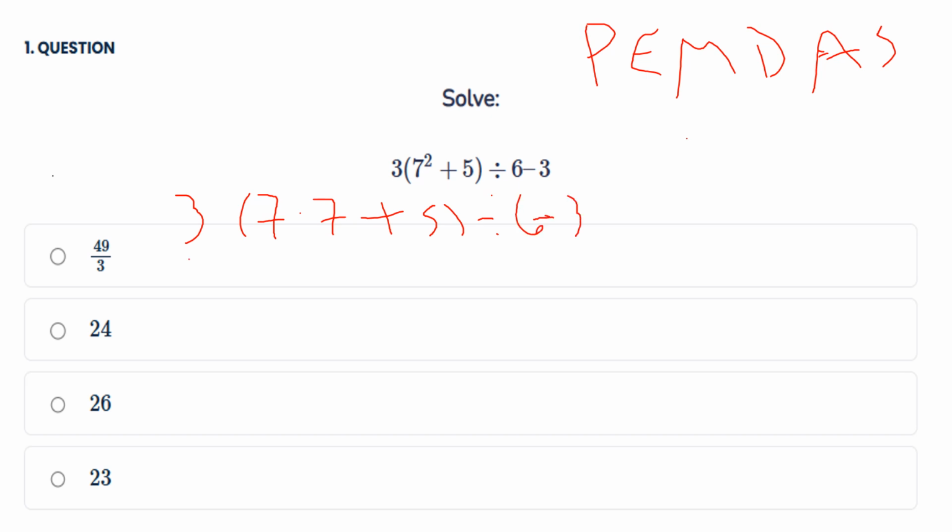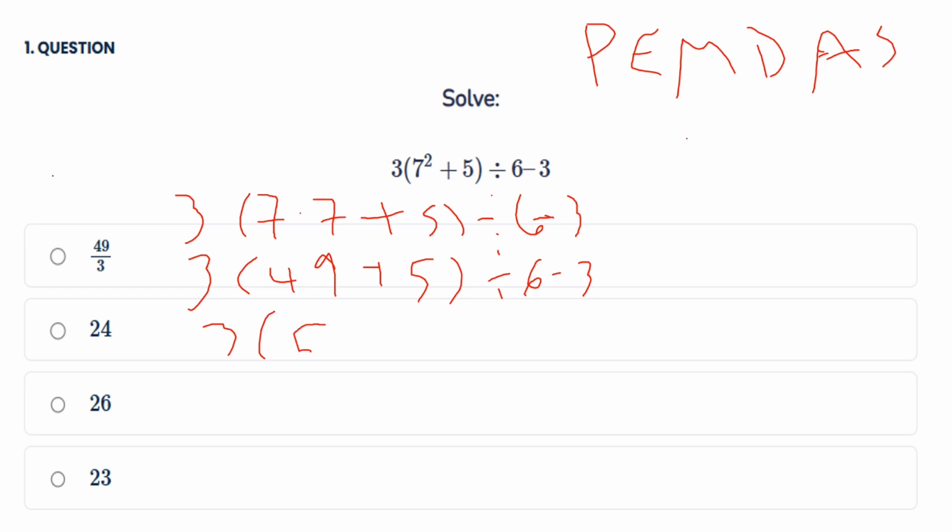All right, and we move to the next step, multiplying 7 times 7, which is 49, plus 5. And I'm going to continue writing out the rest of the problem. And then we add 49 plus 5.